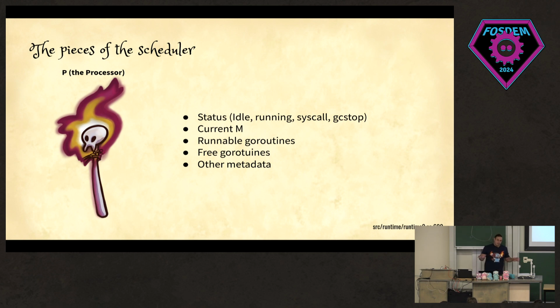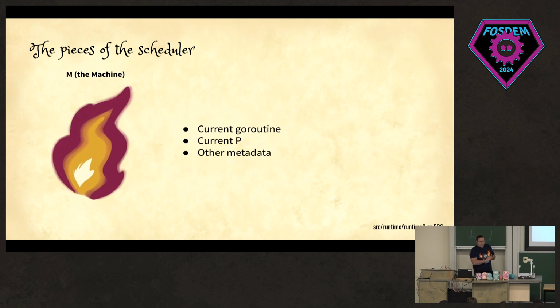This is a very shallow explanation of the scheduler. This is an oversimplification. Of course, it's more complex than that, with a lot of other metadata inside the P struct. Let's talk about the M. The M is a representation of an operating system thread. It's what is executing your code on the CPU.